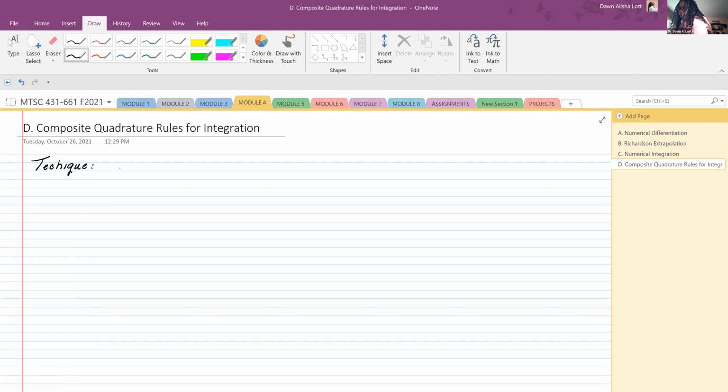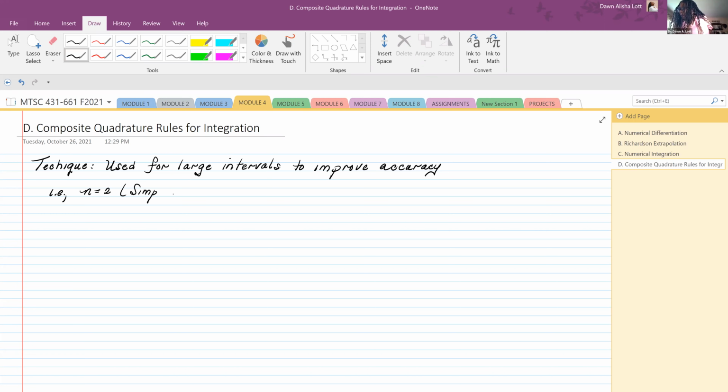This is used for large intervals. So if your interval is large, you're going to try to break it up to improve accuracy. Something very simple. For example, n equals 2, that's Simpson's rule.